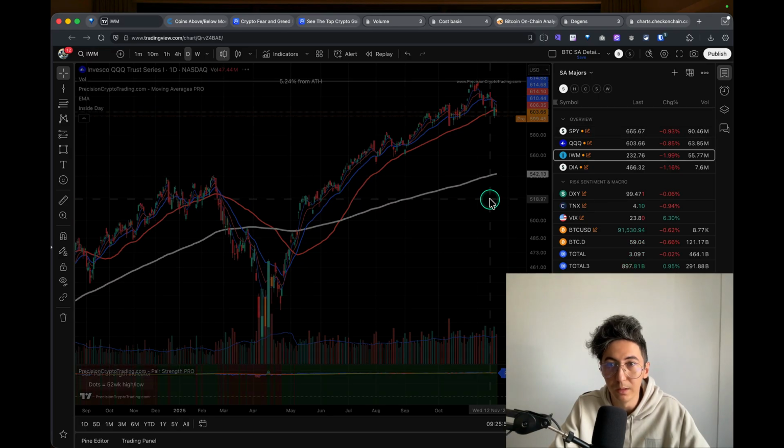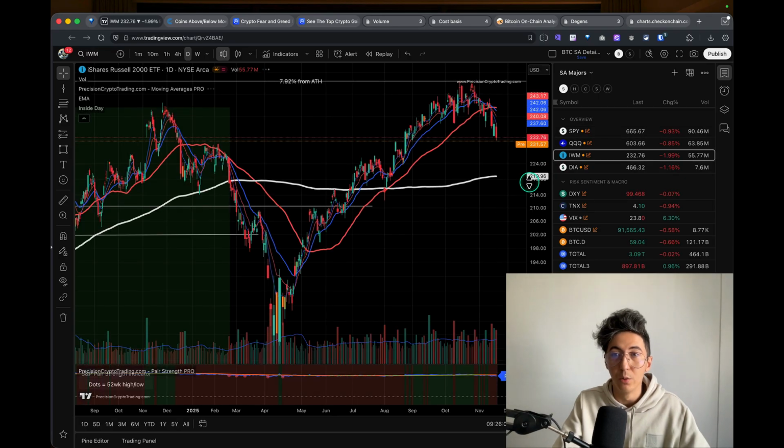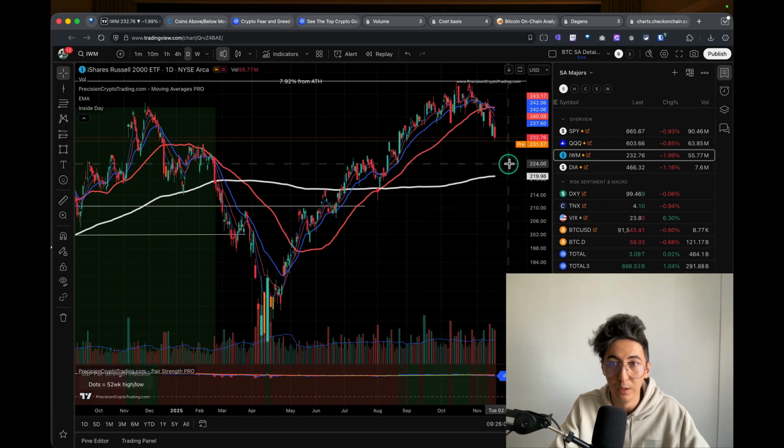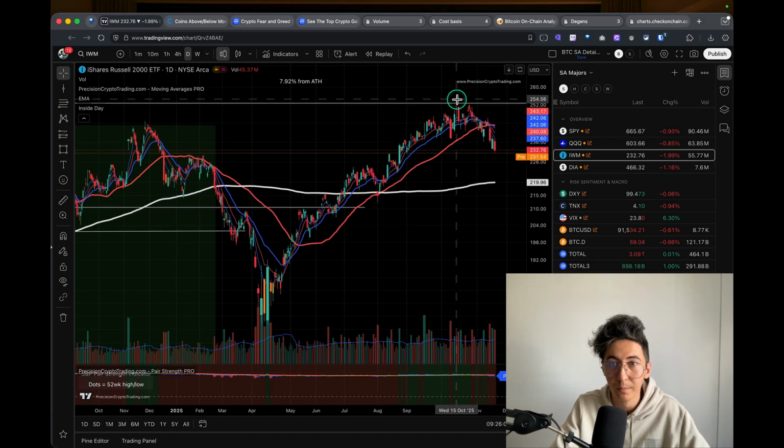QQQ, not looking good. Russell 2000, really not looking good here. We have the 20-day curling down. We have the 50-day flattening. So small cap stocks are not looking good either.